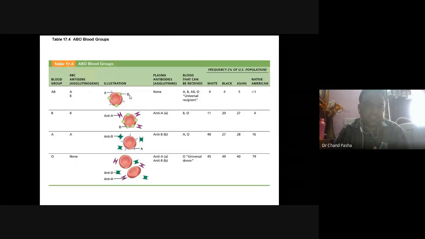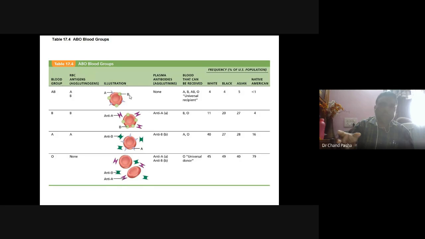How do we differentiate the A and B blood groups? I told you they are glycoproteins. The protein is common in both cases, whereas the sugar moiety bound on the protein, galactose and fucose, differs in A and B. There are some scientists in China working to remove this sugar moiety.